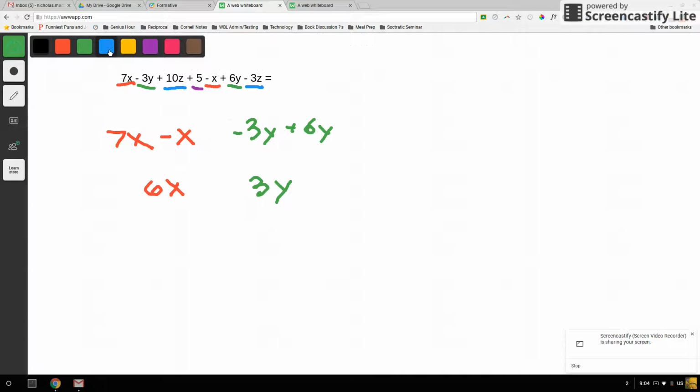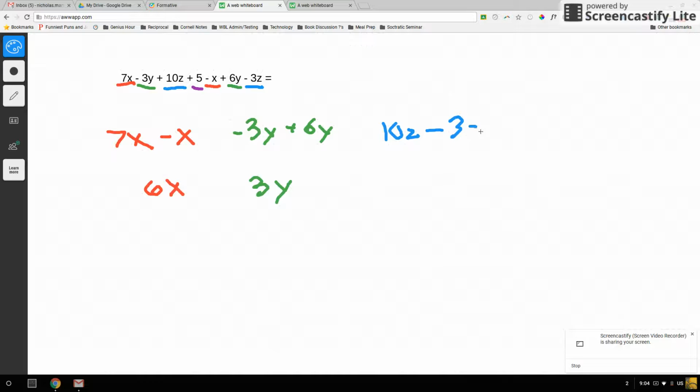Next thing I have to do is my z's. I look before it, it's a positive 10z. And then at the end, they were taking away 3z, so I have to minus 3z here. 10 minus 3 is 7, so I have 7z. And then I only had a plus 5 at the end, so I know it's just 5. Now I'm going to rewrite this equation. I figured it all out.